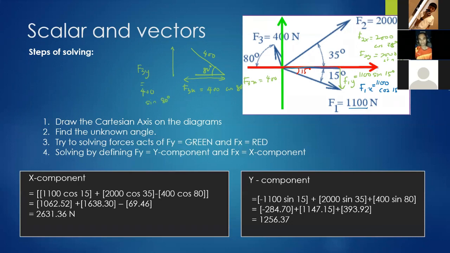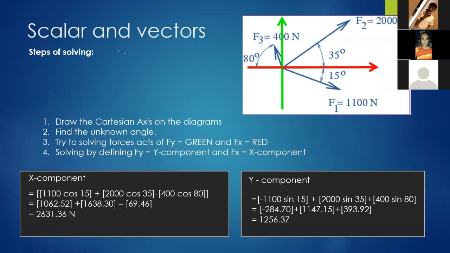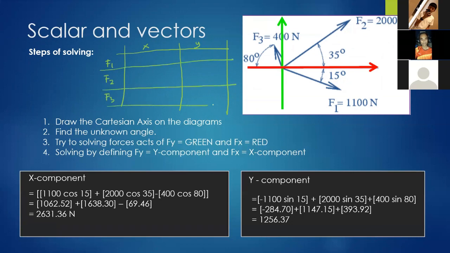Now you're going to add up all the fx. It's easy if I put a table like this. This is F, this is the x component, this is the y component. This is F1, this is F2, this is F3. Okay, so fill in everything.